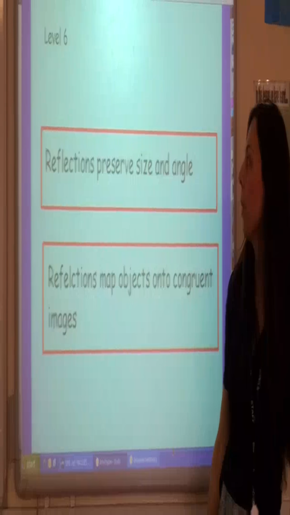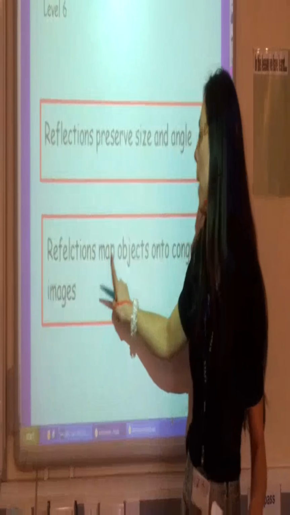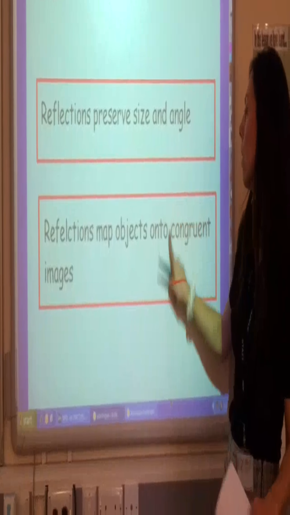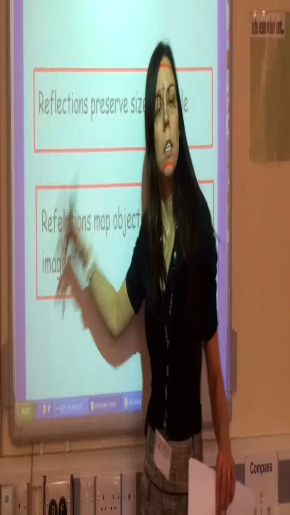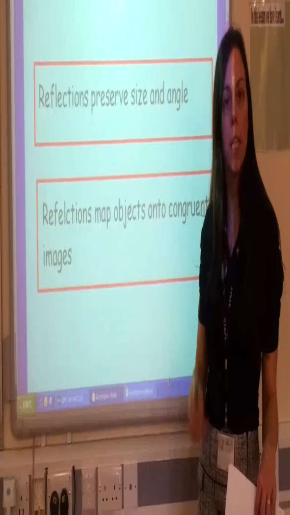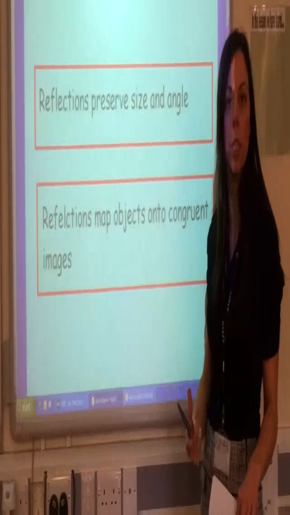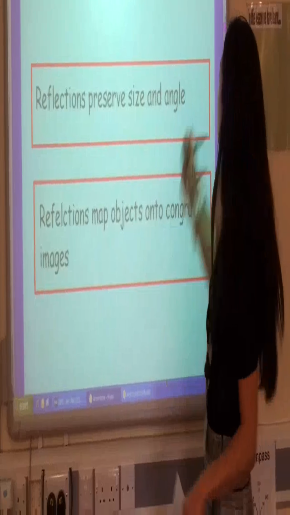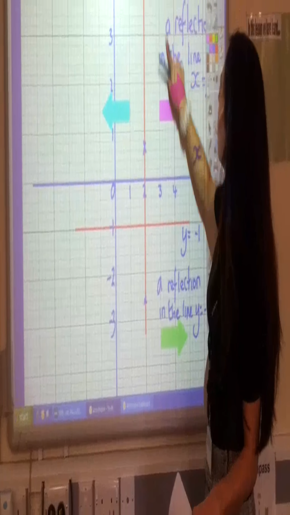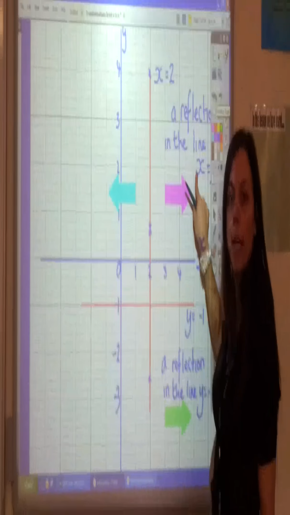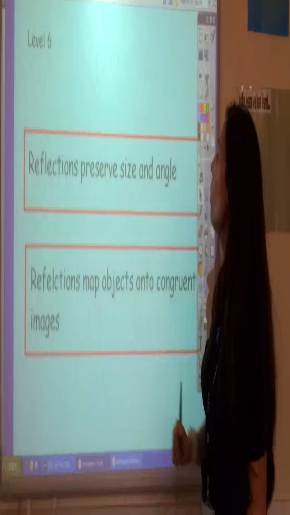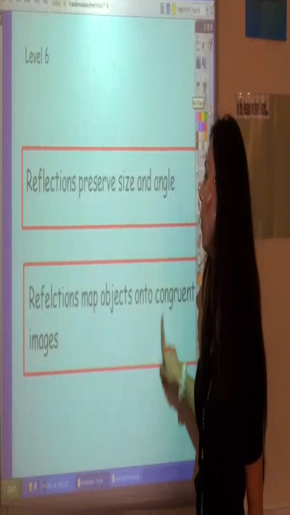Okay, second point for level 6, reflections map objects onto congruent images. To move from your level 5 to your level 6, you need to be confident in the language which you are using. Not only do you need to be able to describe accurately what a reflection is, you also need to understand what the words mean.